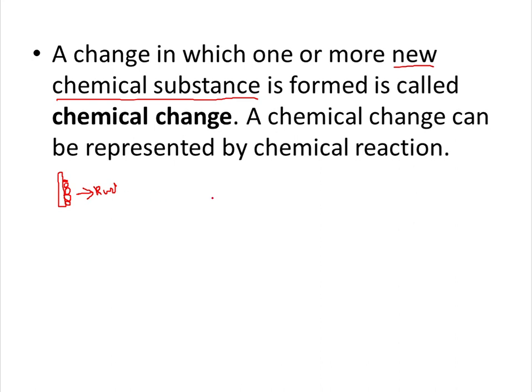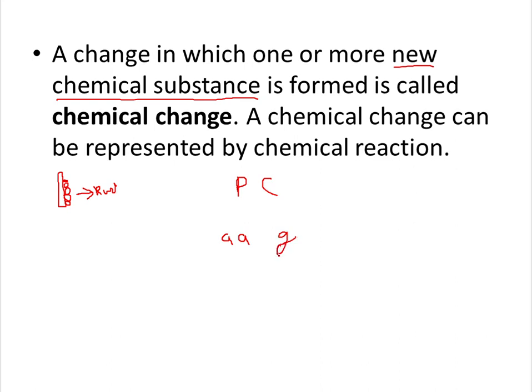Similarly, we can see many biological transformations takes place around us, and all those biological transformations are actually chemical change. Like, let's take example, we eat food, right? And we digest food. In digesting the food, what happens? Proteins, carbohydrates, they get converted into smaller molecules like amino acids and glucose, right?